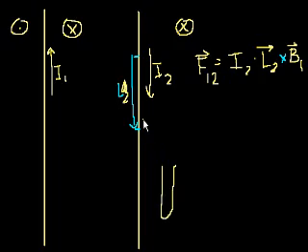Put your middle finger in the direction of the field, so it's going to be pointing downwards, right? Because the field is going into the page, to the right, on this side of this wire. And then your thumb is going to go in the direction of the net force. So your thumb is going to go like that.